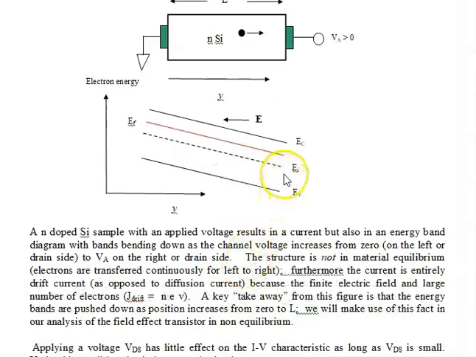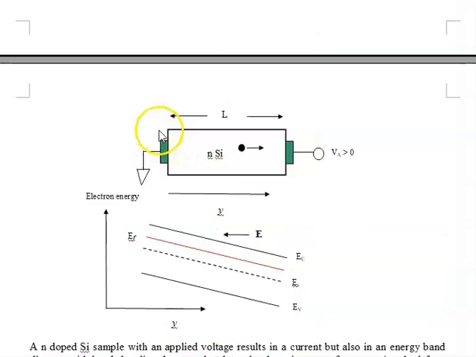So what we're saying here is that the Fermi level is lower on the drain side than on the source side, which means that I have more band bending on the drain side than the source side, because the Fermi level is further below the intrinsic on, or I should say on the conduction band edge on the drain side than it is on the source side.